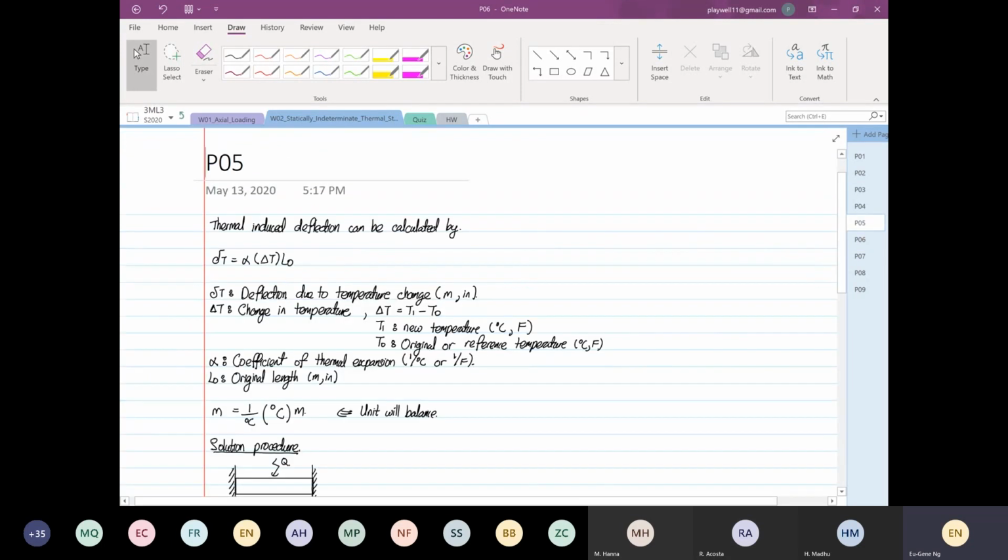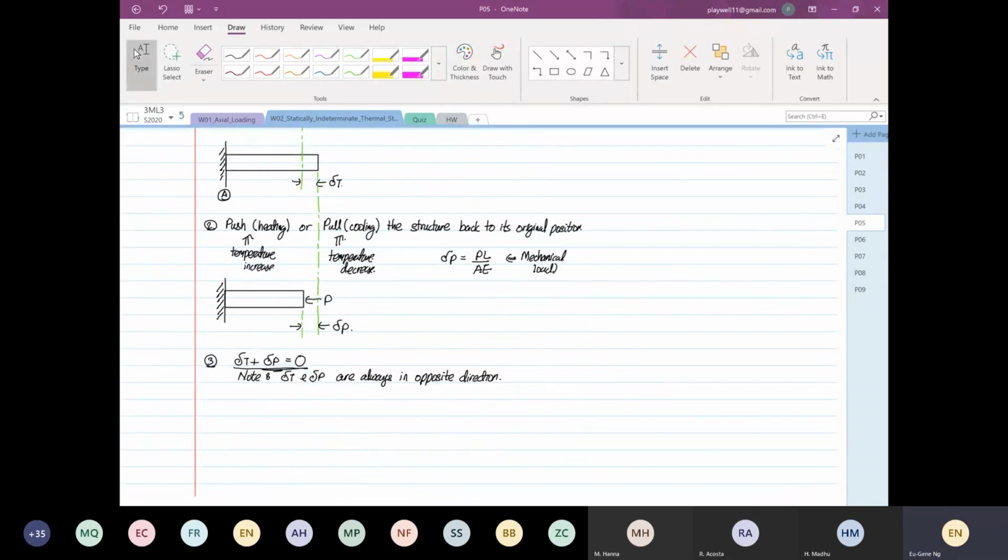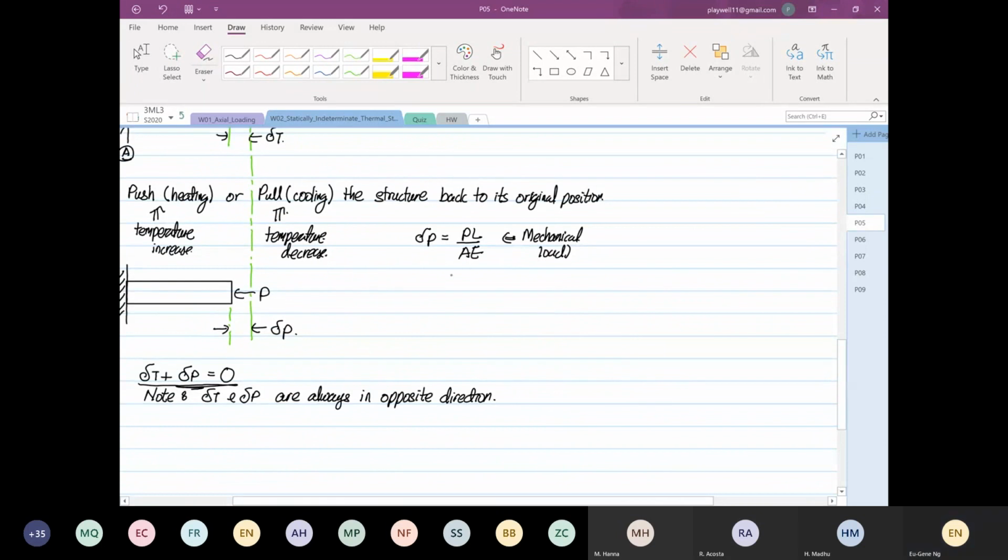So where we are now in our solution procedure is we are here now. Okay, we are here now. Right? We have to use the equation to relate to the mechanical loading that's pushing when gap is equal to what? When gap is equal to 0, when there is no gap, there's going to be what? Reaction.